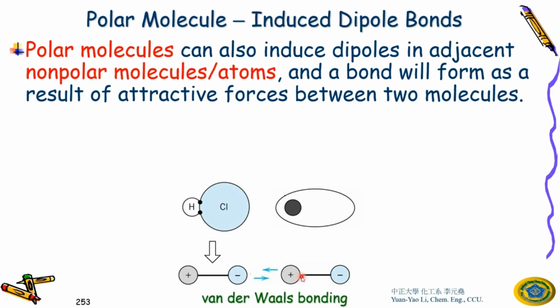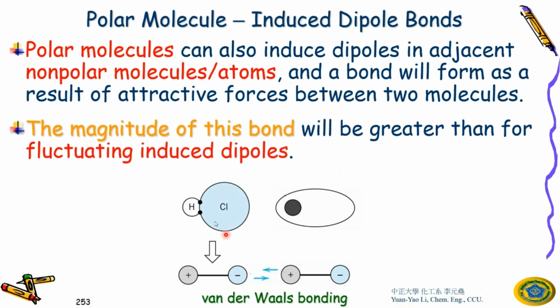And there's a force between each other. We call it van der Waals force. The energy we call van der Waals bonding energy. So the strength of this bond will be greater than for the fluctuation-induced dipole. What are fluctuating induced dipoles?